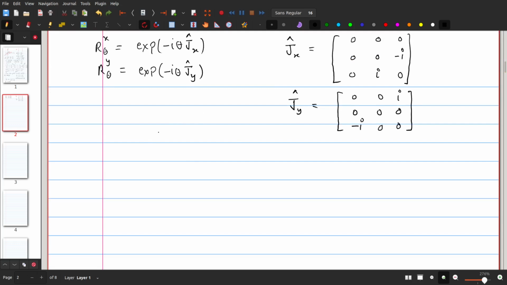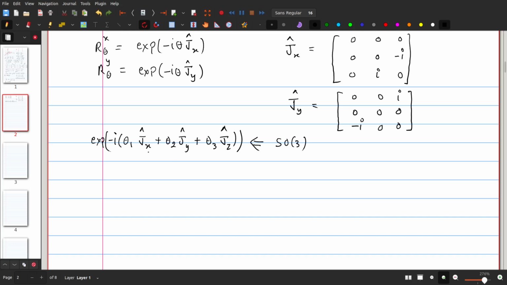These matrices, if we take their linear combination with some real coefficients, say theta 1 jx cap plus theta 2 jy cap plus theta 3 jz cap, where theta 1, theta 2, theta 3 are real coefficients, and if we take its exponential, then this will be an element of the rotation group SO3.